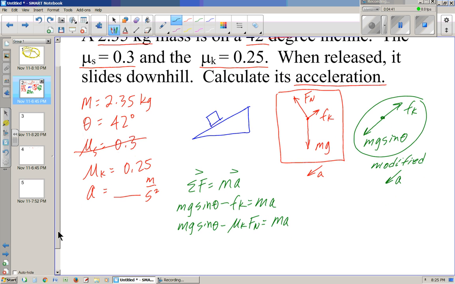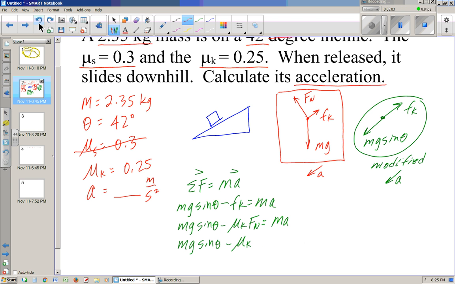Now, here's where the tricky part comes in. Usually, we would continue along like this, mg sine theta minus mu k, and then we put in for Fn what? mg? No, because we're on an inclined plane. It's not going to be equal to mg.